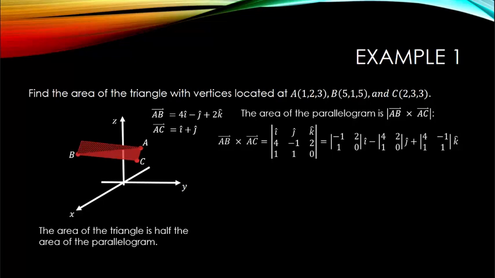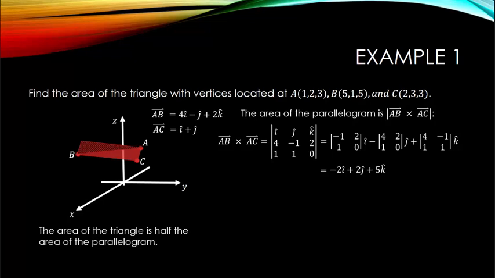Using an alternative form for cross products of expanding about the first row, I'm going to get a cross product that's equal to the determinant of a 2 by 2 matrix, negative 1, 2, 1, 0, times i hat, minus the determinant of a 2 by 2 matrix, 4, 2, 1, 0, times j hat, plus the determinant of a 2 by 2 matrix, 4, negative 1, 1, 1, k hat.